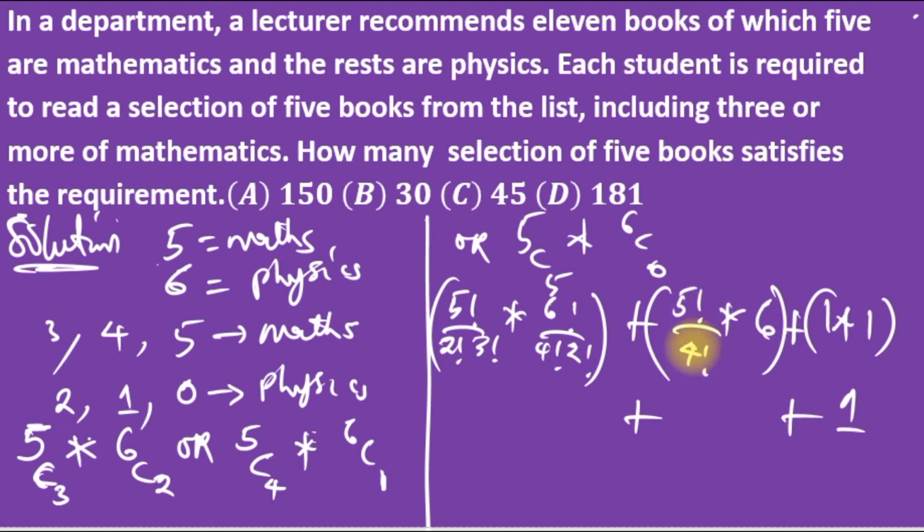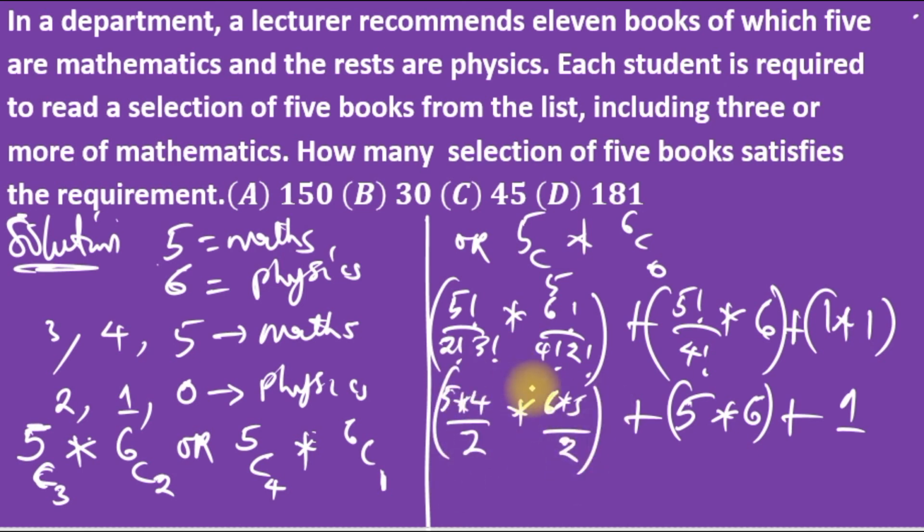For 5 combination 3, we have 5 factorial over 2 factorial times 3 factorial, that's 5 times 4 over 2, because 5 times 4 times 3 factorial, the 3 factorial cancels. For 6 combination 2, 6 factorial is 6 times 5 times 4 factorial, the 4 factorial cancels, so we have over 2, which is 15. So 5 times 4 over 2 is 10, and 10 times 15 plus 30 plus 1.